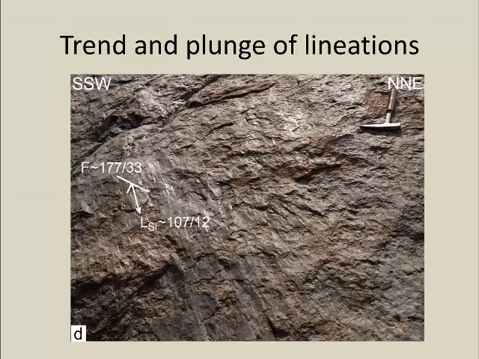So trend and plunge of lineations and the strike and dip directions and dip angles of planes: these are the geometrical parameters that allow us to record the orientation, the three-dimensional attitude of planar and linear structures.